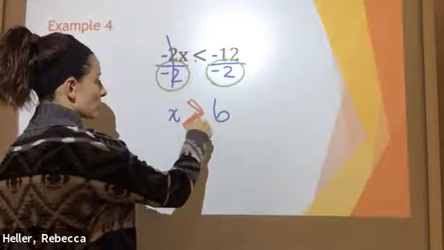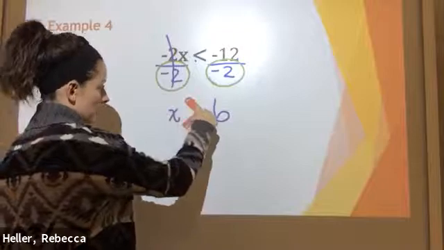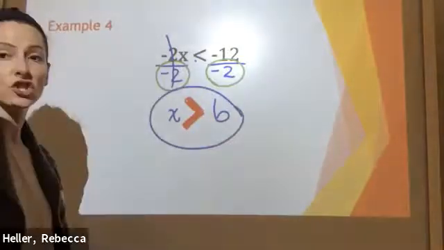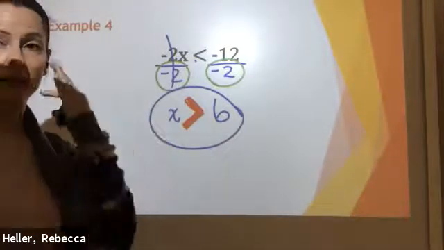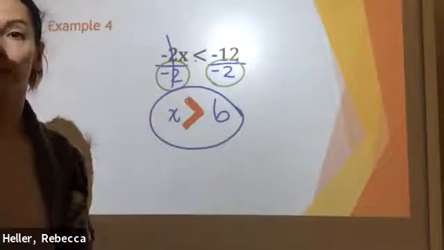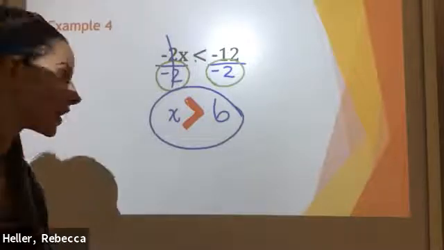I will show you and tell you why momentarily. But that is very important. It completely changes your set of answers. The numbers that are less than 6 are completely different than the numbers that are greater than 6, right? It's literally the complete opposite set of answers. So you have to flip it.